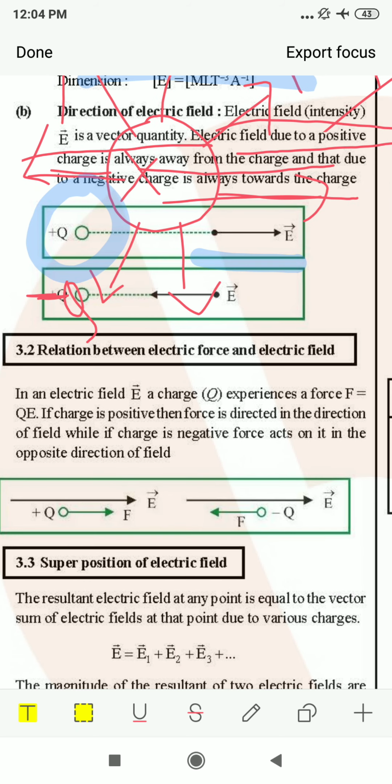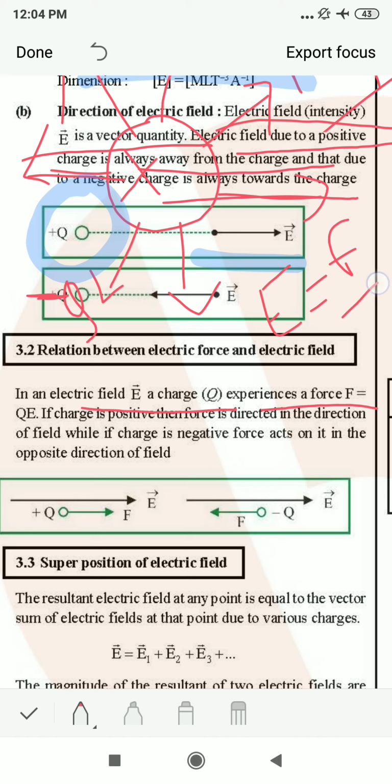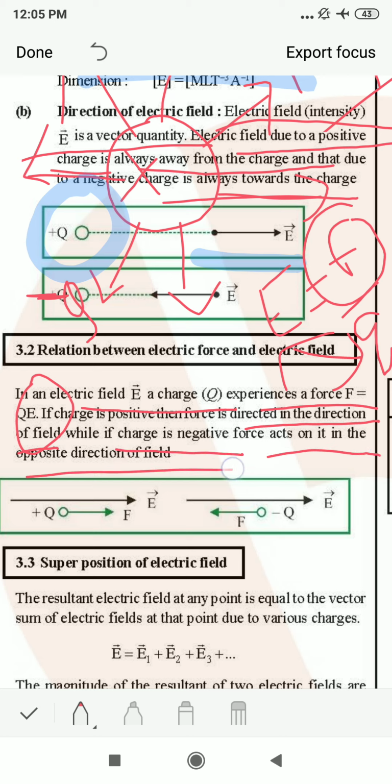In an electric field E, a charge Q experiences a force equal to QE. We have started E is equal to F upon Q, so F will be equal to E into Q. The same is written here. The force acts in the direction of the field for a positive charge, and if the charge is negative, the force acts on it in the opposite direction of the field.